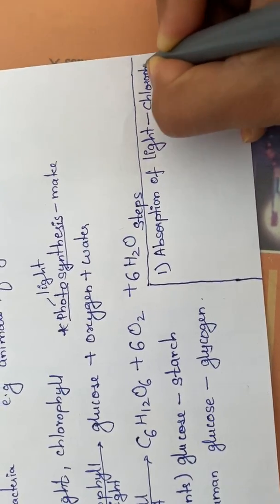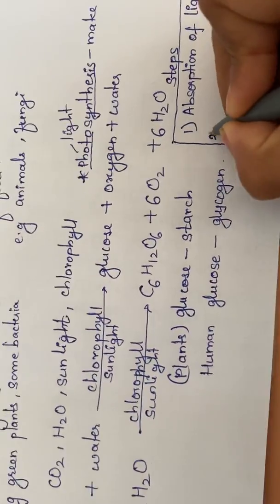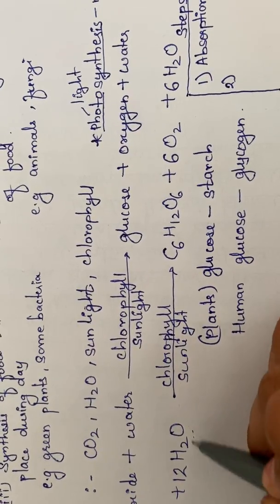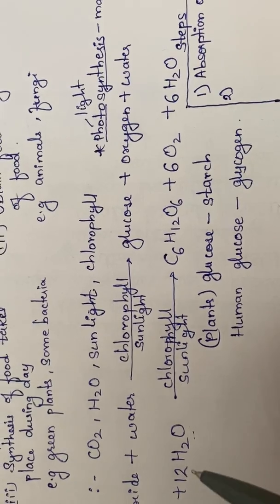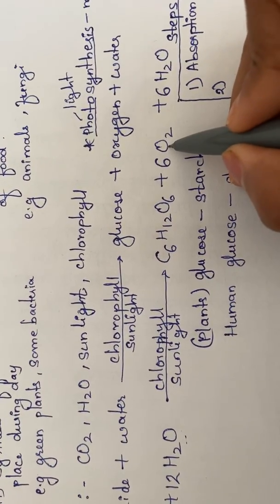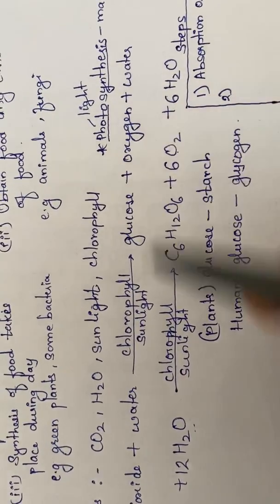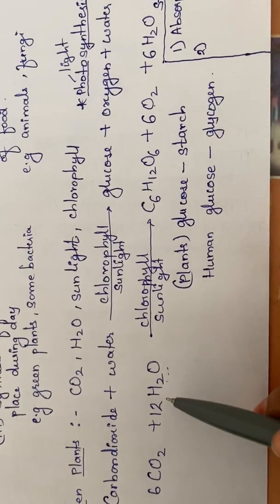Once this light energy is absorbed, the second thing that happens in the plant body is splitting of the water molecule. Now here it is very important to note that the oxygen which we get at the end of photosynthesis is obtained from splitting of the water molecule. You should not get confused.